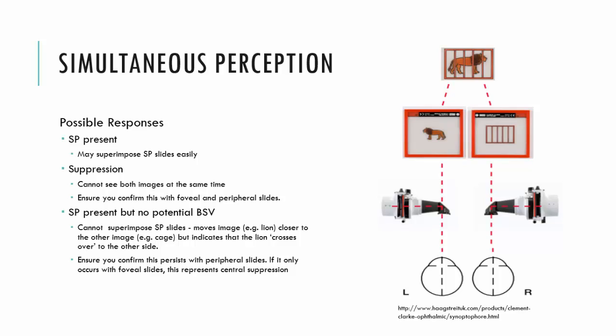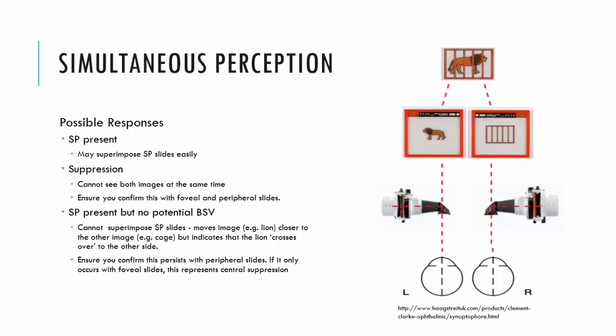In this instance, if you then used a peripheral slide, the patient will be able to see both the line and the cage with the larger slides, because they do have subnormal binocular single vision and do have simultaneous perception. It was just that that line was being projected specifically only on the fovea, and therefore, as it's centrally suppressed, the patient is not going to see that image.